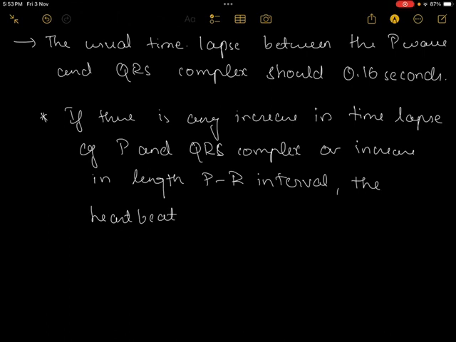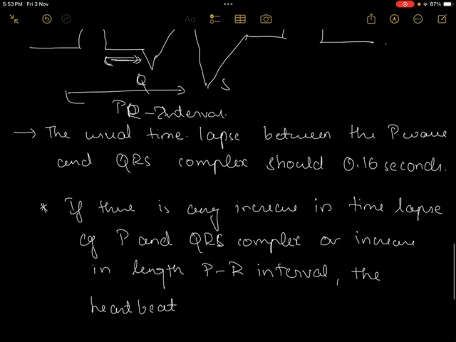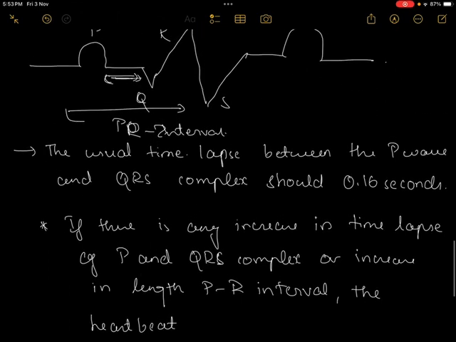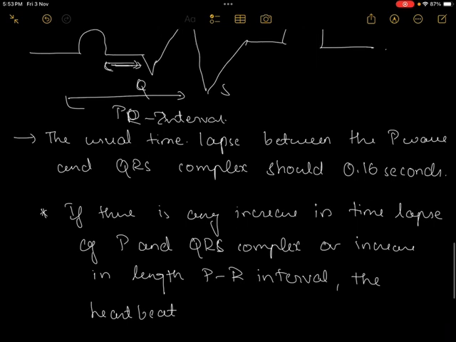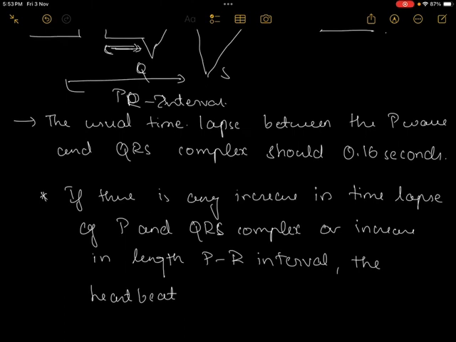We all know that if there is an increase in time lapse of formation of waves, then we conclude that there is a delay in conduction of impulses in the heart. So if there is any delay in conduction of impulses in the heart, it may lead to a slower heartbeat. So the heartbeat is decreased.